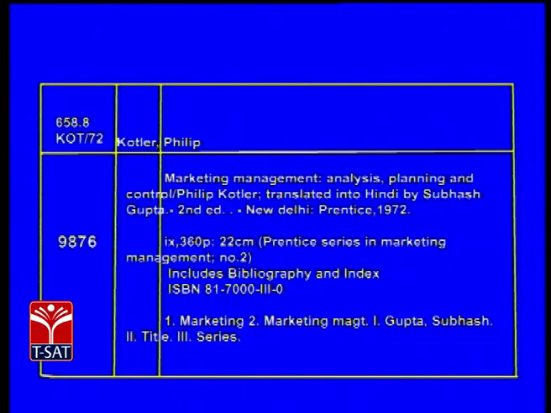And now on the basis of these details, we can see how we have to prepare the main entry. Since this example has only one kind of authorship, that is Philip Kotler, the entry heading should be given under the name of Philip Kotler only. So in the leading line, the entry heading should be given as Kotler, Philip, and in the descriptive part, first the title will be given, that is Marketing Management, and the subtitle, Analysis, Planning and Control, / statement of responsibility, that is Philip Kotler, and after that a semicolon and the subsequent statement of responsibility.